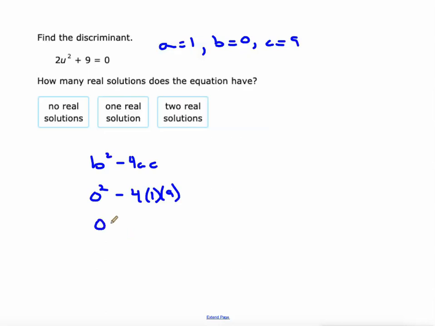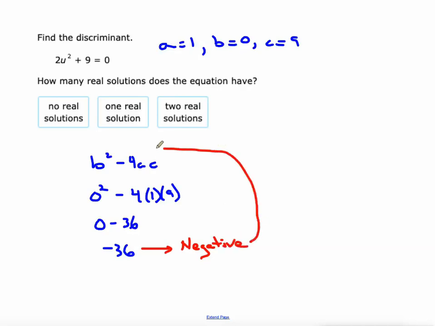So this ends up being 0 minus 36, which is negative 36. Since that is a negative number, that means we're going to have no real solutions. No real solutions, because you can't take the square root of a negative.